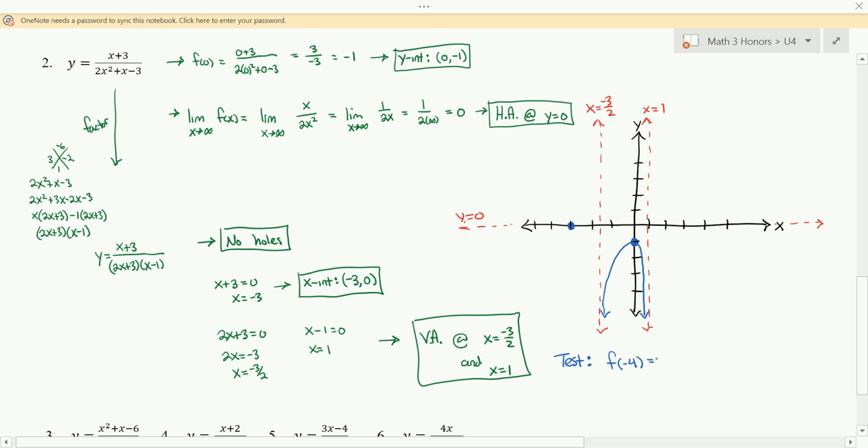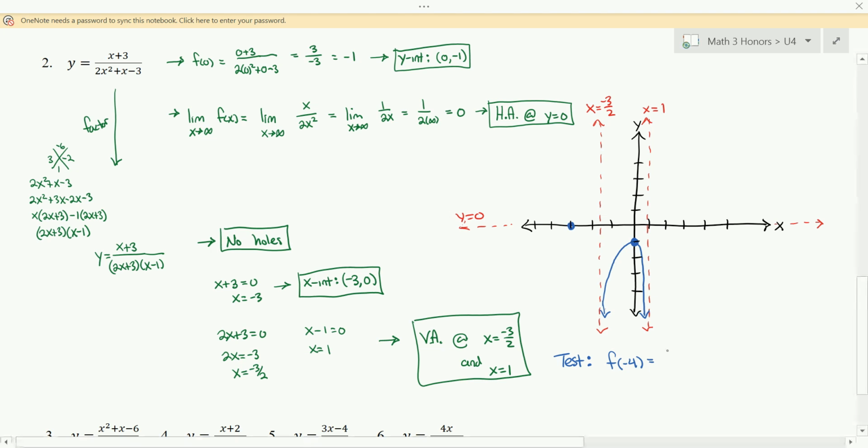So watch what I do to test this. I only care if it's above or below the x-axis. So I'm not going to go through the whole testing process. All I care is, is the answer going to be positive or negative? That's what really matters to me.